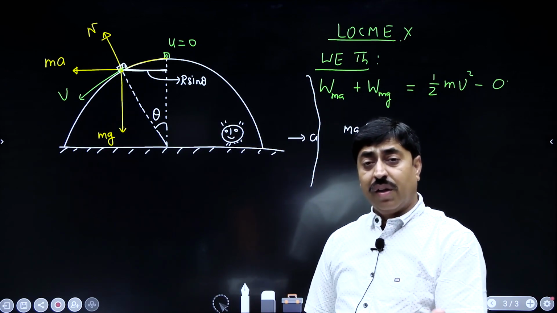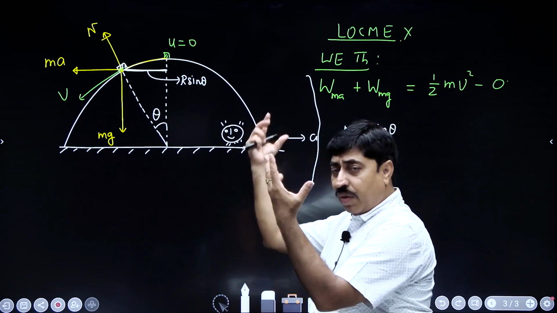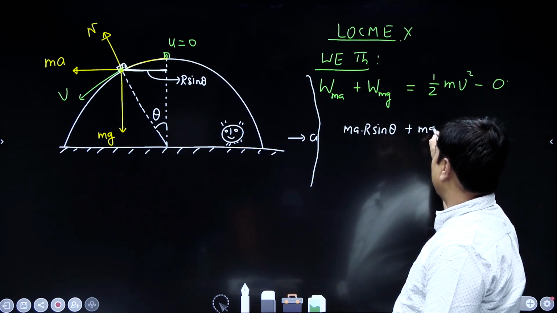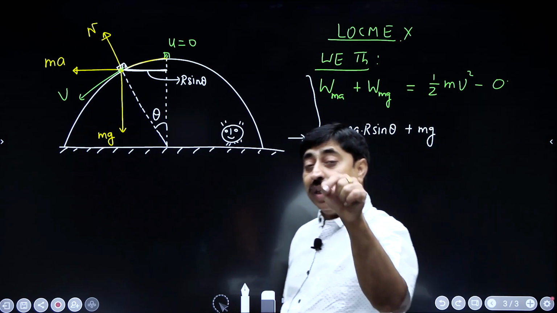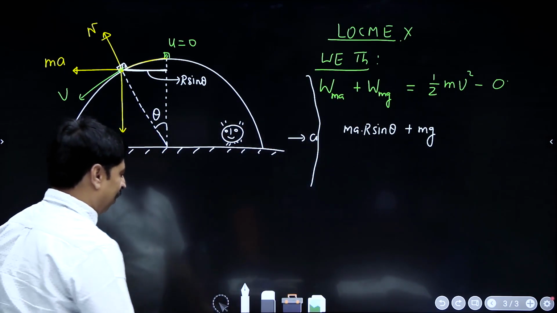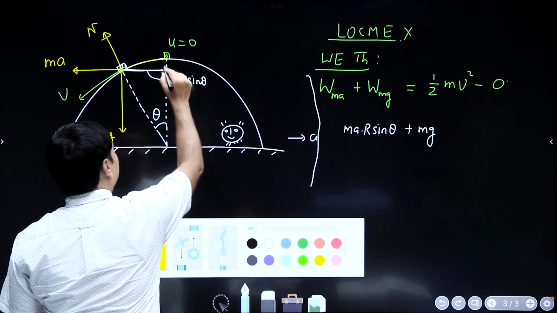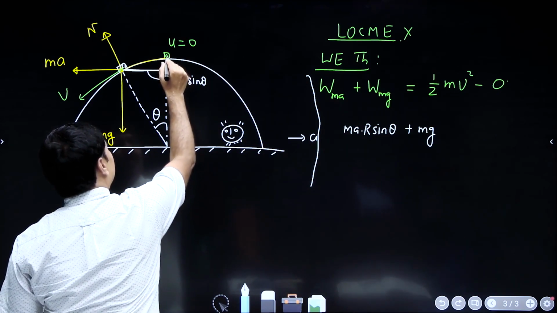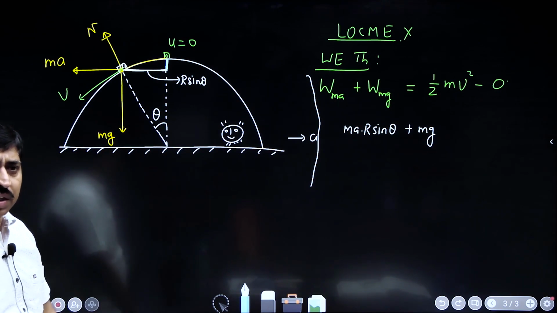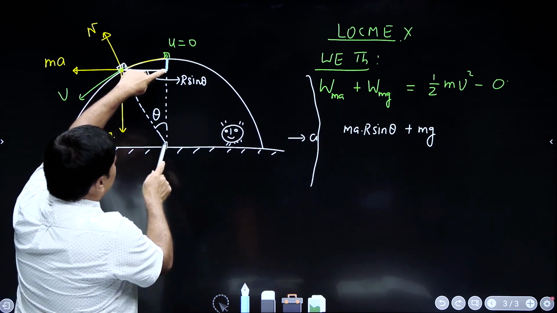And similar is the case for Mg. Mg is a vertical force. So, to write its work done, we will write Mg into displacement in the direction of Mg. So, how much displacement has happened in the direction of Mg? In vertical direction. This is the displacement in the vertical direction. So, as you all can see, this is r cos theta.